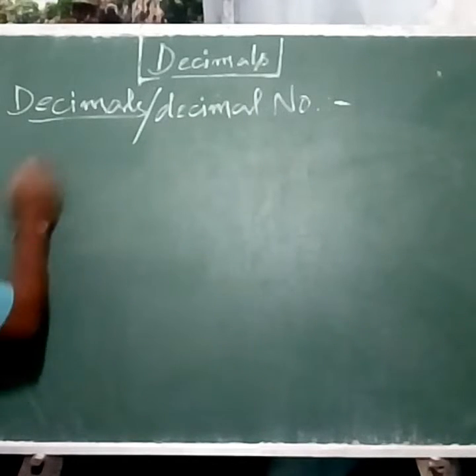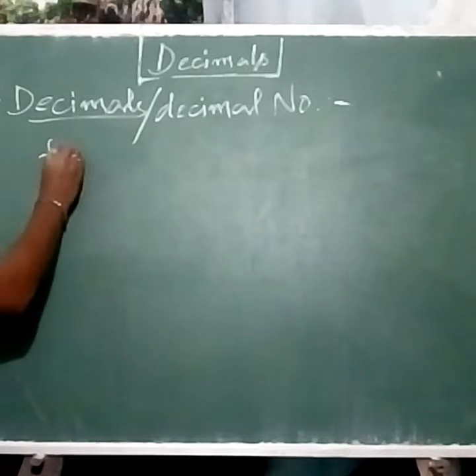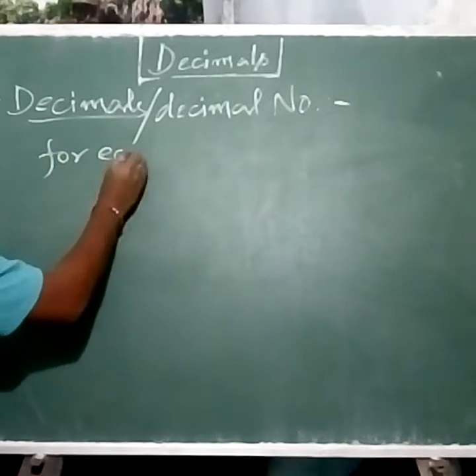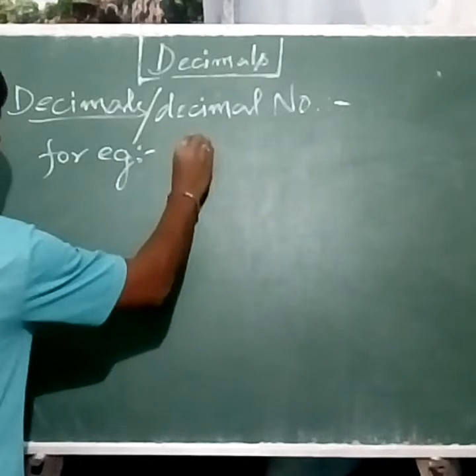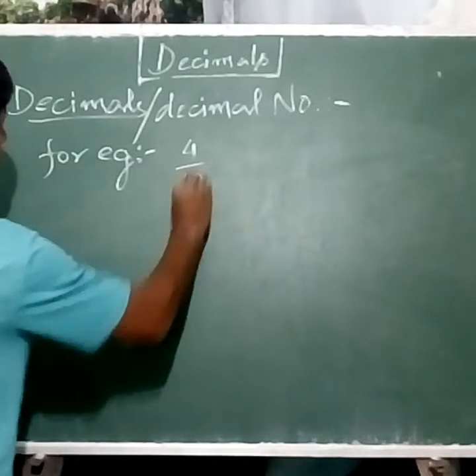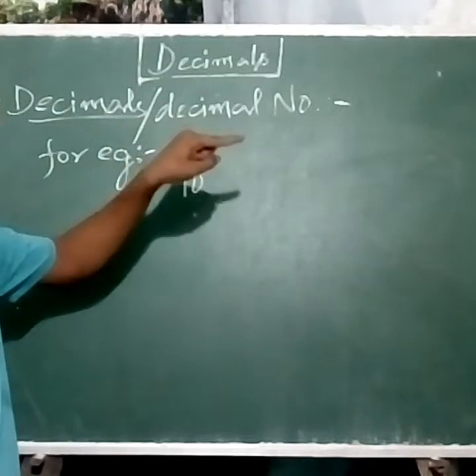Just for example, this 4 by 10, how can we convert this fraction into decimals or a decimal number?